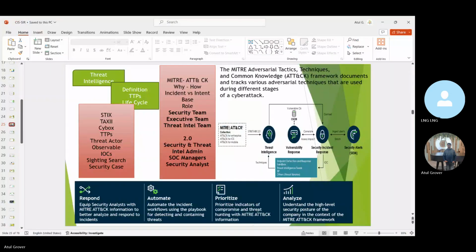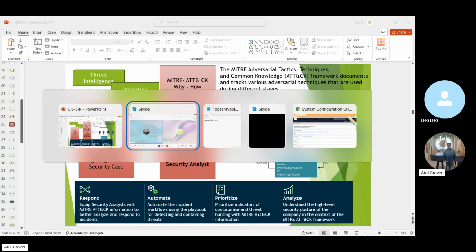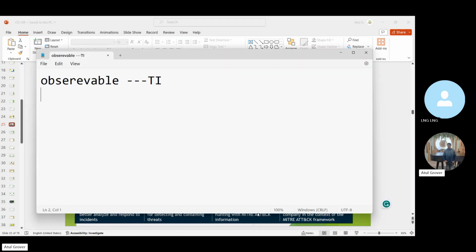This concept comes under threat intelligence. Let me share my screen. Yeah, now it's fine. We were discussing this. The term observable comes under threat intelligence. What is the meaning of observe?